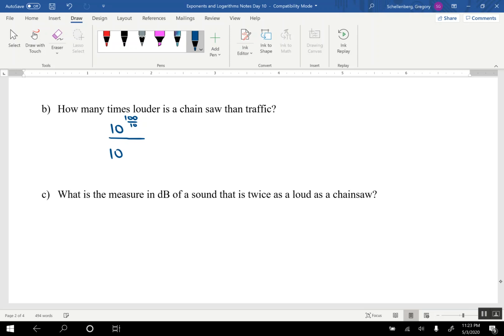This is going to be 10 to the power of 85 over 10, which is going to be 10 to the power of 10 minus 8.5, which is 10 to the power of 1.5, which is 31.6, or the chainsaw is 31.6 times louder than traffic.